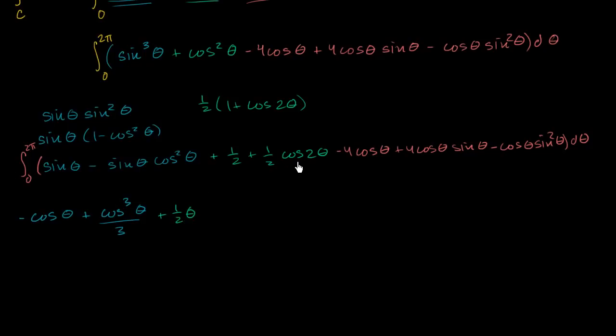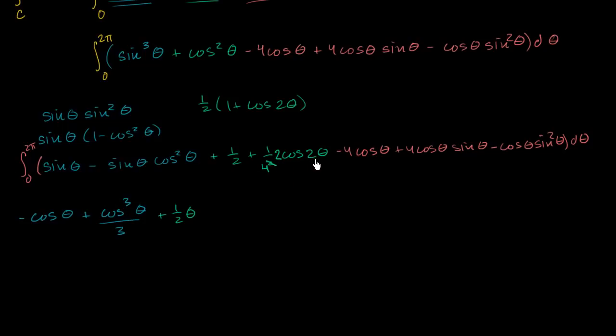The antiderivative of cosine 2 theta, well, we want the derivative of this thing sitting someplace. The derivative of this thing over here is 2. So if we put a 2 here, we can't just multiply by 2 arbitrarily. We'd have to multiply and divide by 2. So we could put a 2 here, but we'd also have to divide by 2. So then that would become a 4. And we haven't changed this. Notice this is now 2/4 cosine of 2 theta, the exact same thing as 1/2 cosine 2 theta.